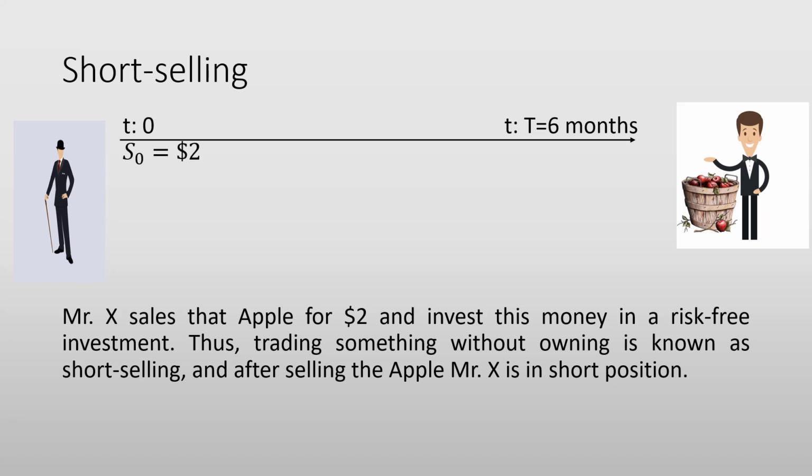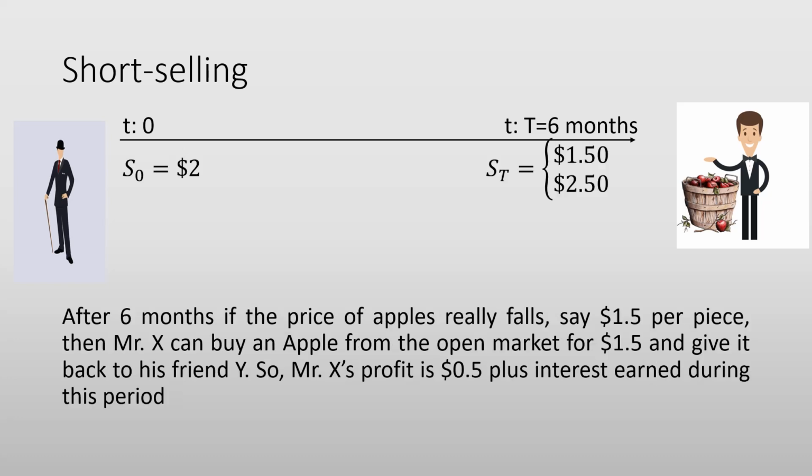And after selling the apple, Mr. X is in a short position. After 6 months, if the price of apples really falls, say to $1.5 per apple, then Mr. X can buy an apple from the open market for $1.5 and give it back to his friend Y. So in this case, Mr. X's profit is $0.5 plus the interest earned during this period.